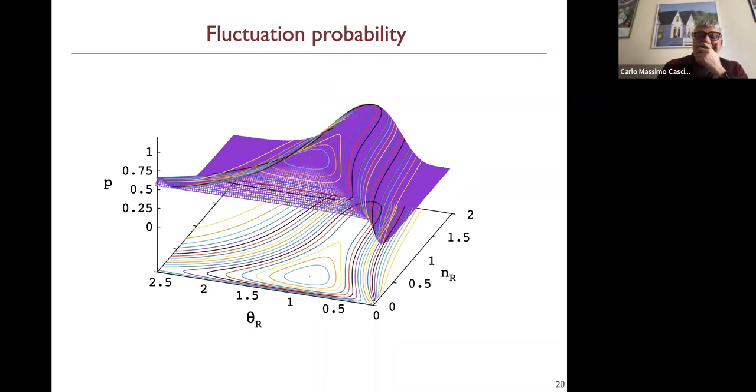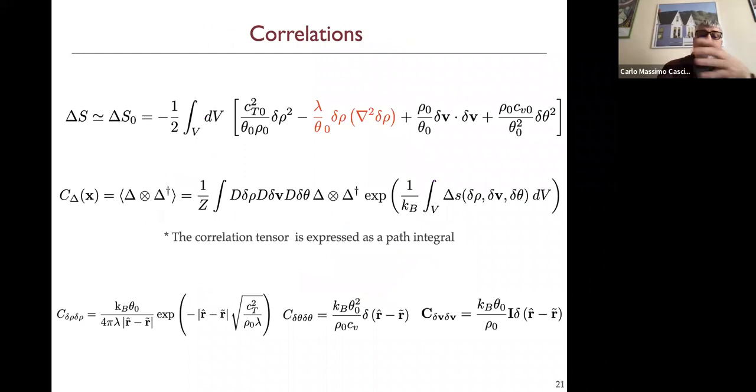Now, with this kind of model you have an expression for the entropy, and once you have the entropy, you can evaluate the correlations in the fields. So you can evaluate the correlation functions of the density at different places, velocity at different places, and so on: velocity-velocity, density-density, temperature, and so on. You see that what comes out is what is called, in statistical mechanics and theoretical physics, a path integral.